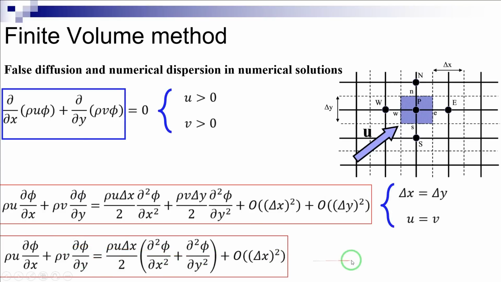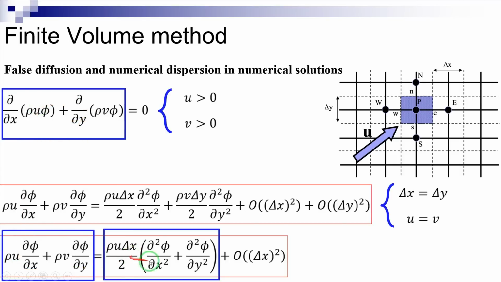The left-hand side of the equation resembles the original differential equation as is shown here, while the right-hand side indicates the truncation error. A comparison of this equation with the convection-diffusion equation shows that the first term on the right-hand side of this equation is equivalent to the diffusion term. Thus, it can be seen that although the problem in question is a pure convection problem, using the Upwind scheme, the solution obtained implies as if a diffusion process is present in the problem.